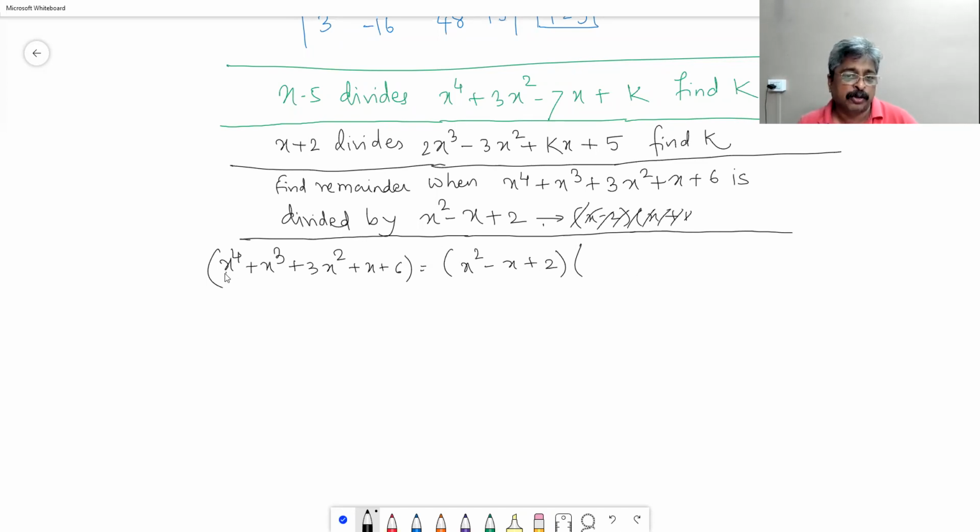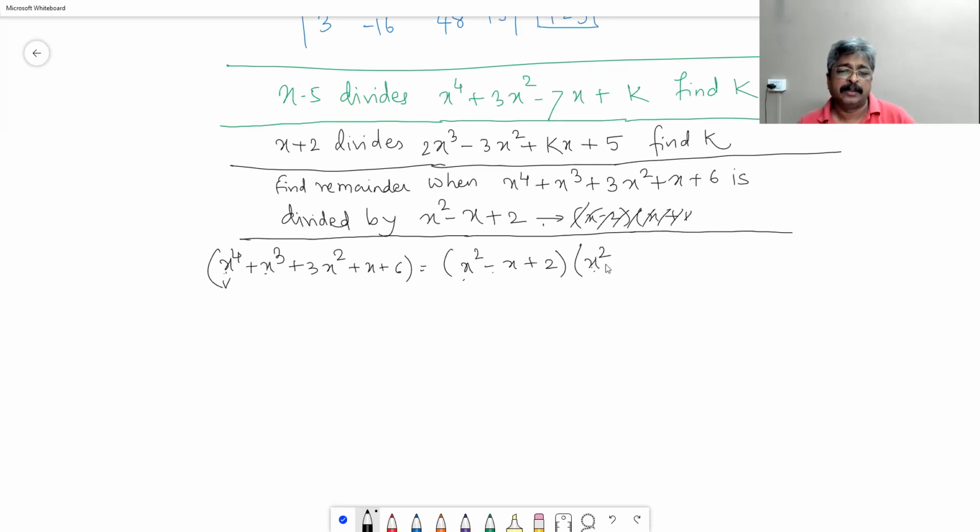We want x fourth, we have x square, therefore I must have x square. x square into x square gives me x fourth, first term is done. But because I have written x square here, I have produced minus x cube, right? And I am supposed to produce plus x cube.